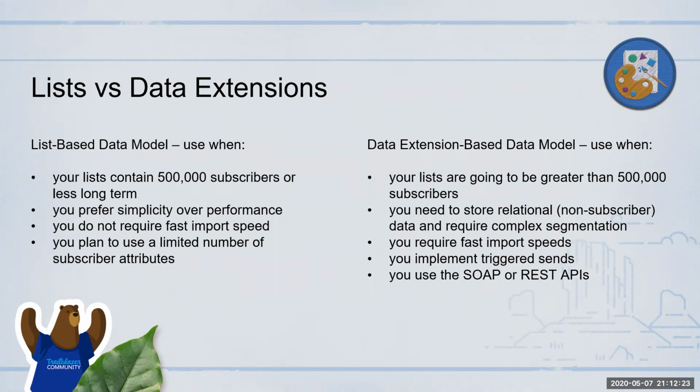So in those particular cases, depending on the use case, you will go for a data extension. If you have complex relational data that you want to bring in, or if you want to do complex development, journeys, APIs and all that, they all require a data extension. So you need to decide depending on the use case. Especially if you're going to write the exam, they will evaluate you behind the scenes on whether you understood what a list is, what a data extension is, and what each is used for.